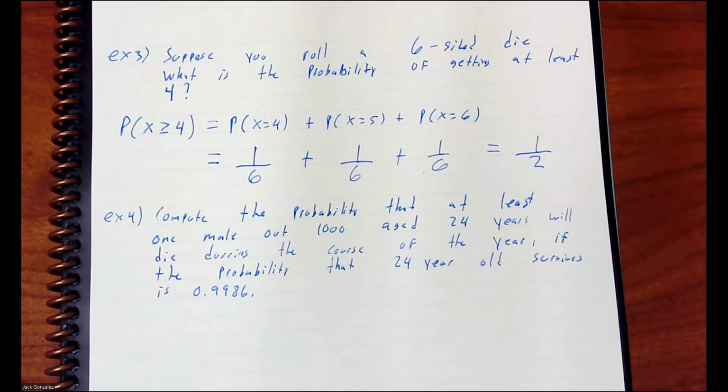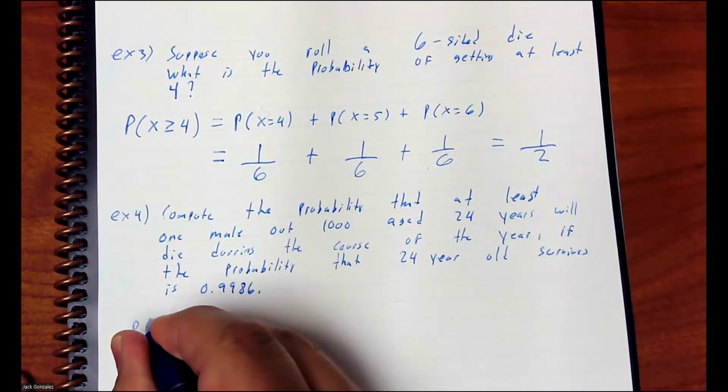So what's the probability that 1 out of 1,000 24-year-old males will die throughout the course of this year if the statistics are that they'll survive at a rate of 0.9986? So you can use complements here to help you out. Okay, so you hear that word at least 1.